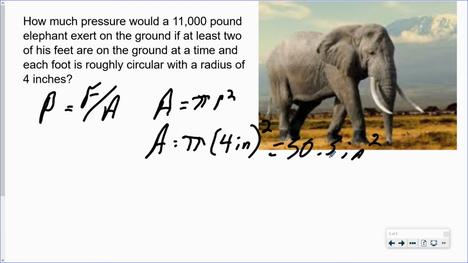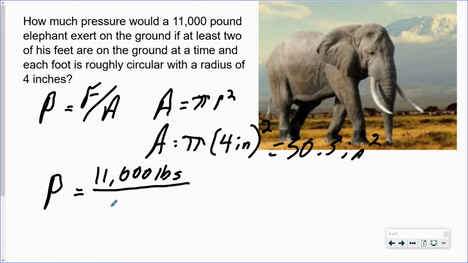Okay, and you got 2 feet, which means that the pressure for the elephant there is going to be equal to 11,000 pounds divided by, well, the 2 times 50.3. 2 times 50.3 is going to be 100.6 inches squared.